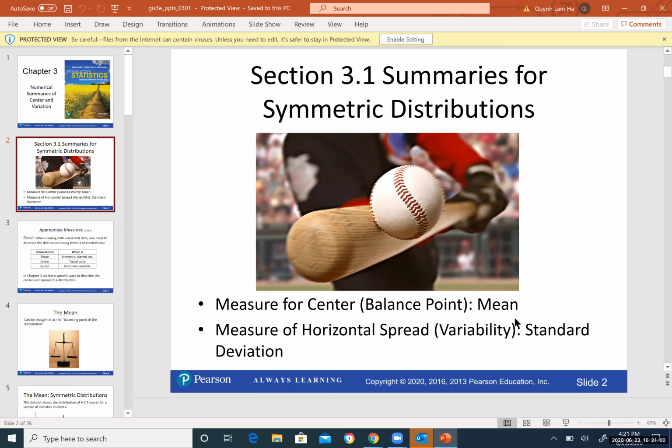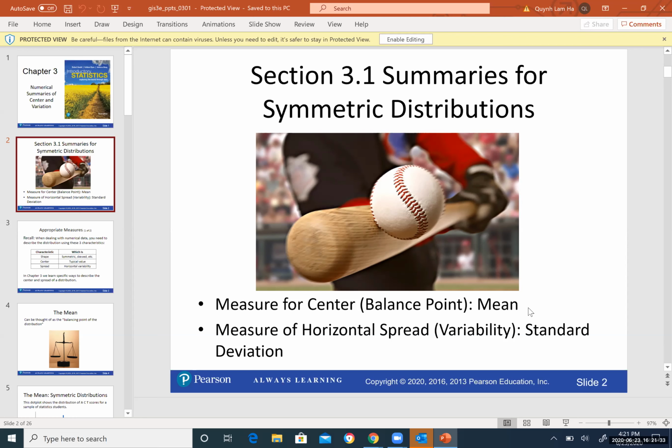Mean represents the center balance point when we are talking about symmetric distributions. In chapter 3, you will learn symmetric distributions and you will learn skewed distributions. To measure the center for a symmetric distribution, you will find the mean. What is the mean? It is the average, right?